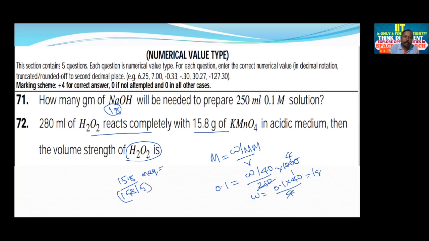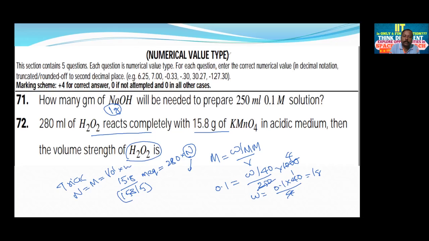Milli equivalent must be 280 into normality. So then you will get normality. Normality, you can find directly with the formula for volume strength. There is a trick given in the chemistry material, a trick to convert between normality, molarity, volume strength and mass percentage. All the conversion factors are given. You can go through that.